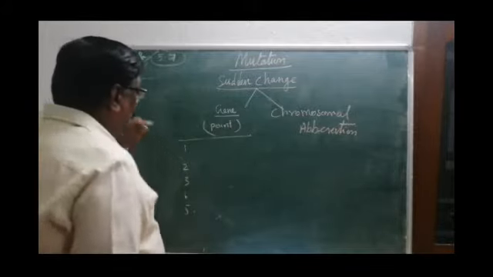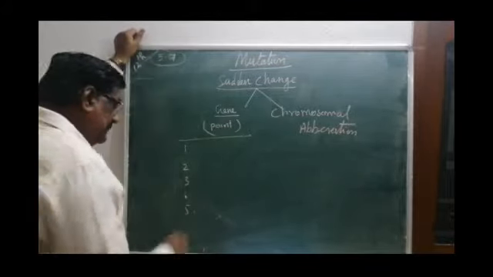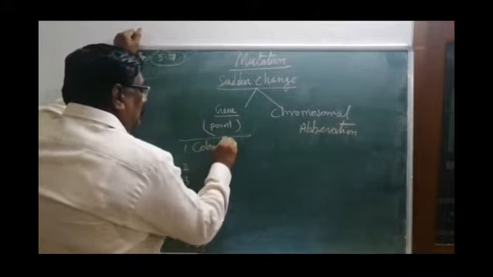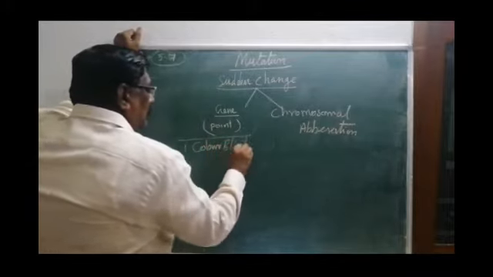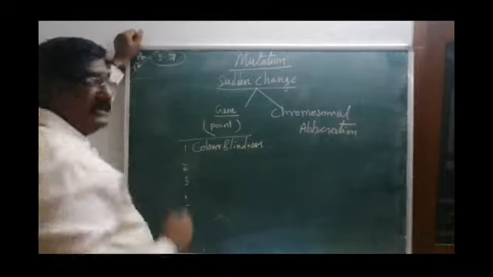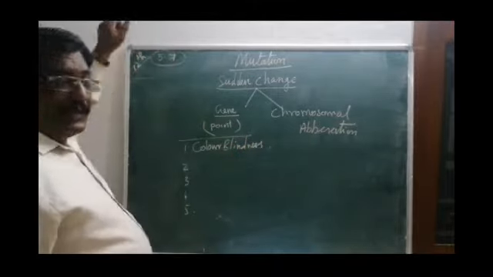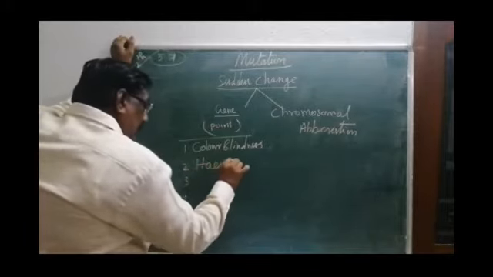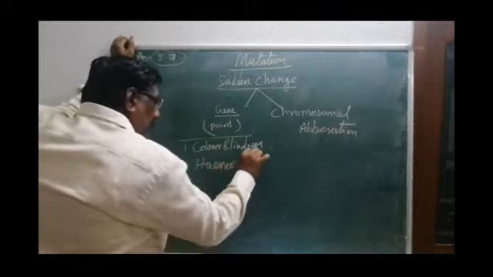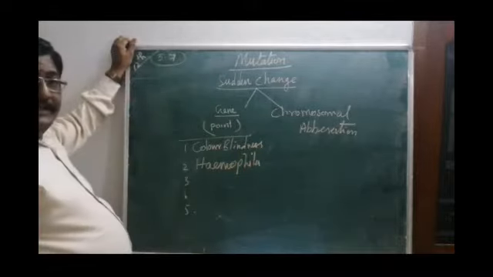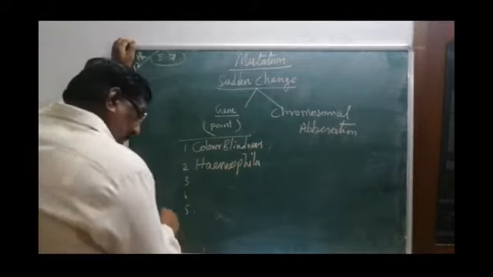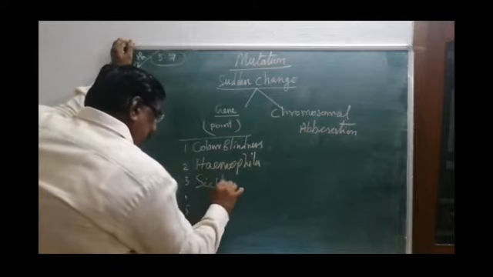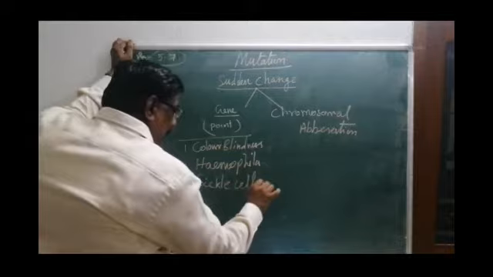Okay. One disease is color blindness. Color blindness is a disease due to gene mutation, and hemophilia is another disease due to gene mutation, and sickle cell anemia.